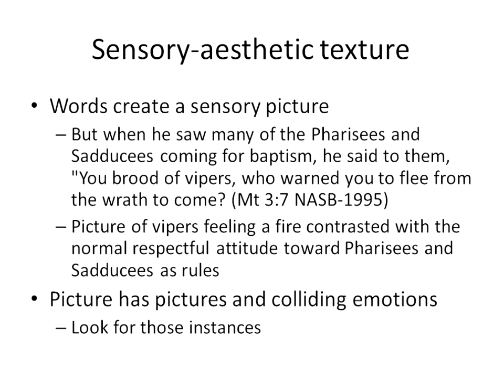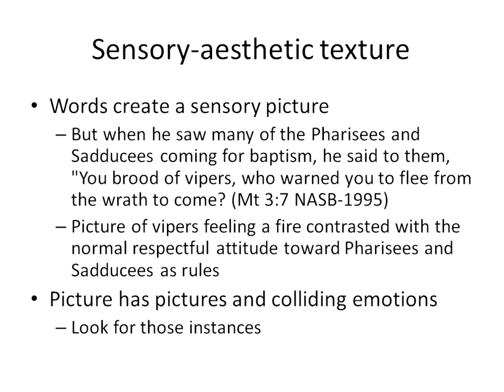Now, lastly, we come to the sensory aesthetic texture. Words create a sensory picture. Now, let's look at a passage from Matthew. "But when he saw many of the Pharisees and Sadducees coming for baptism, he said to them, 'You brood of vipers, who warned you to flee from the wrath to come?'"